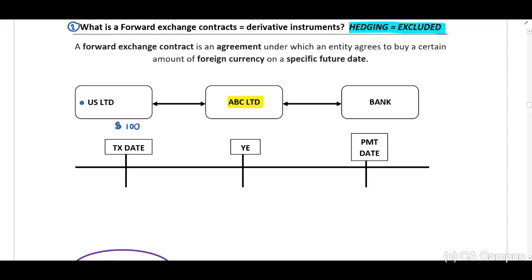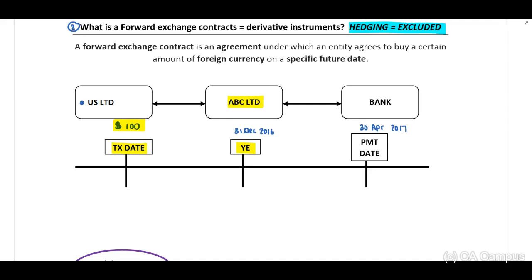We have a transaction date, a year end, which will be 31 December 2016, and our payment date will be 30 April 2017. In this contract with US Limited, entity ABC Limited has to pay $100.